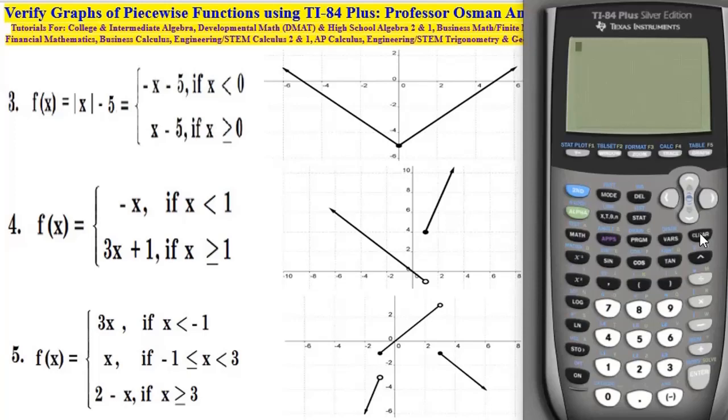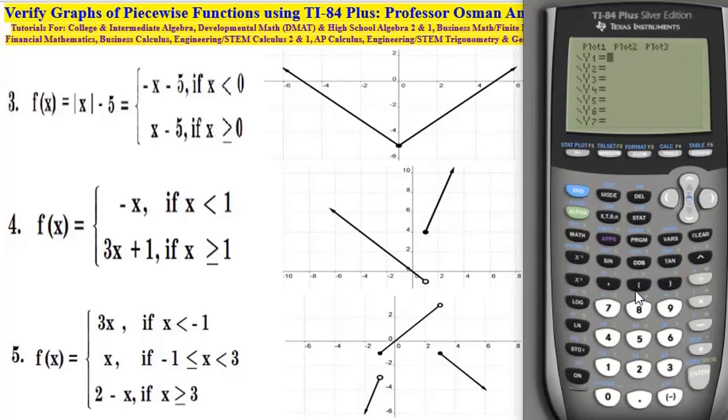So this is a step function, piecewise function. f of x equals 3x when x is less than minus 1. It is x, so that's a positive slope. It is x when x is between minus 1 and 3, and it is 2 minus x, the negative slope, when x is greater than 3.